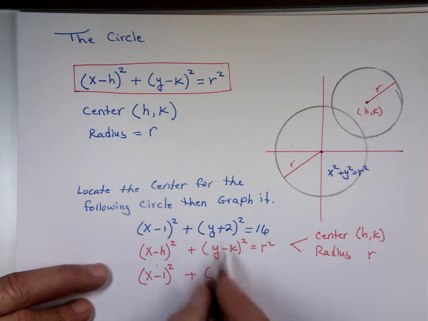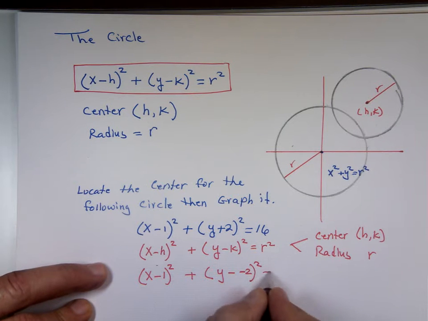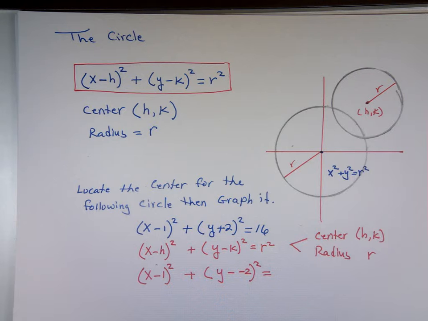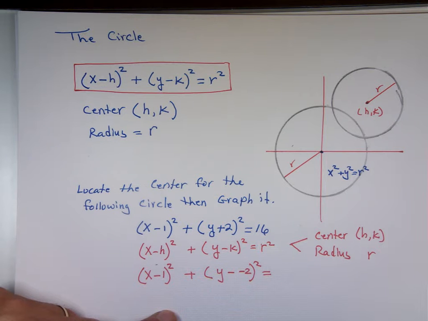I want it to be a minus, not a plus. Subtract a negative. So can I write that y minus a negative 2? And I want that to be r squared. So I want that number to be something squared. So how about the 16? What can you do to it? Isn't that 4 squared?